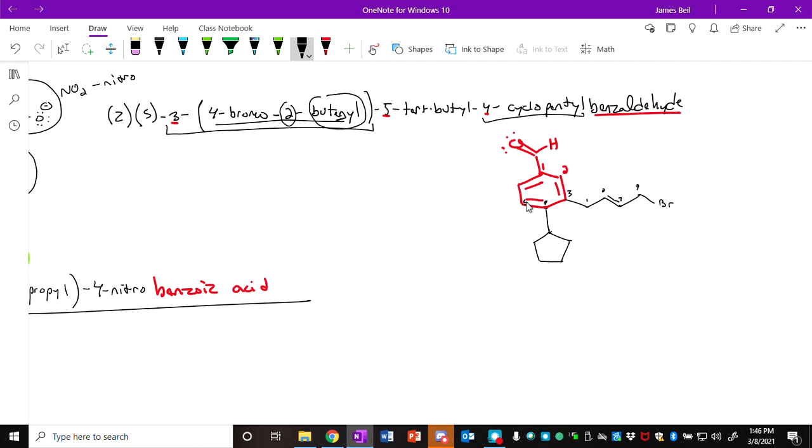And on 5, it says there's a tertbutyl, so I'll draw a tertbutyl group on carbon 5. I made a mistake with this name because there are no chiral centers, so this S would not be there. That's my bad.